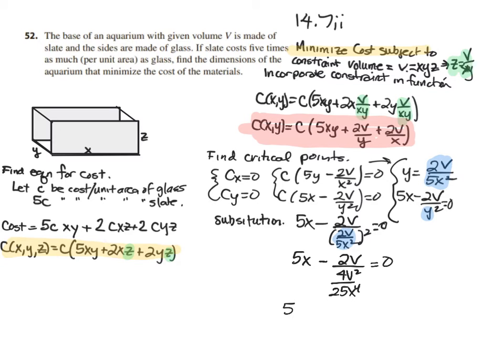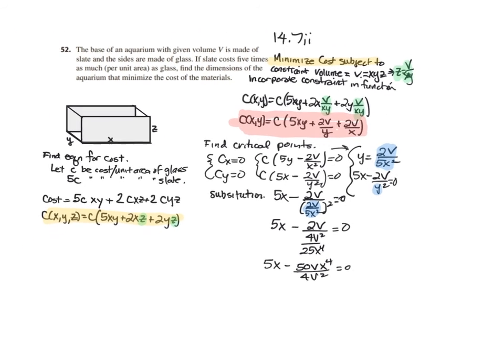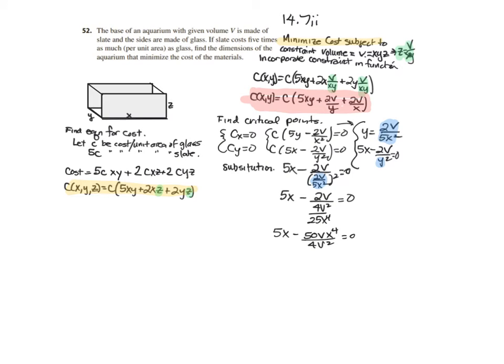And so that is 5x minus 50v x to the fourth over 4v squared. Which leads me to factoring out the x, I also divided out one of the v's. Actually, this should leave me with a v here.